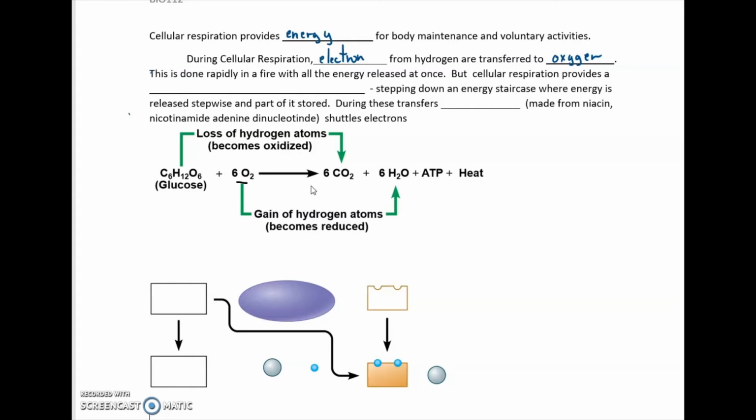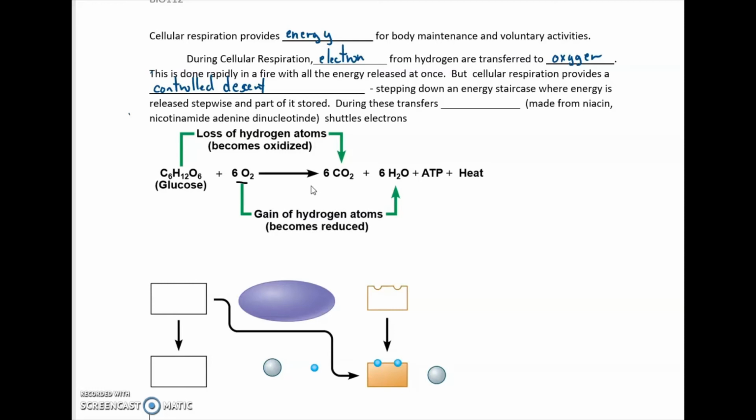But cellular respiration is going to provide a controlled descent. A stepping down an energy staircase. So the energy is released slowly so that part of it can be stored.